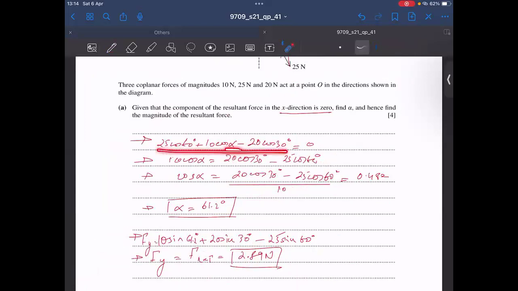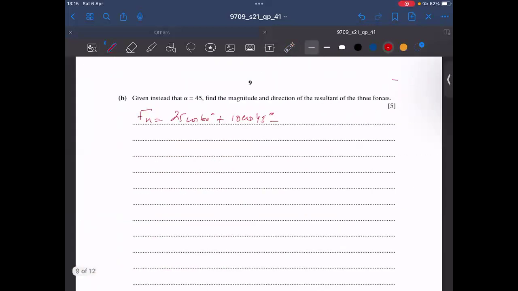I'm just rewriting this expression for Fx, replacing alpha with 45. I'm not keeping Fx equal to 0 because now you are going to have a resultant in the x direction. Tell me, 2.25.